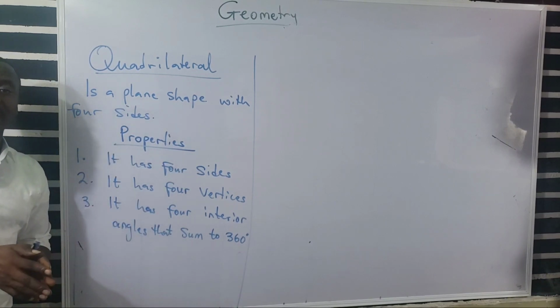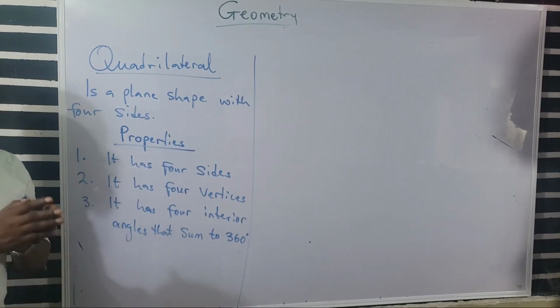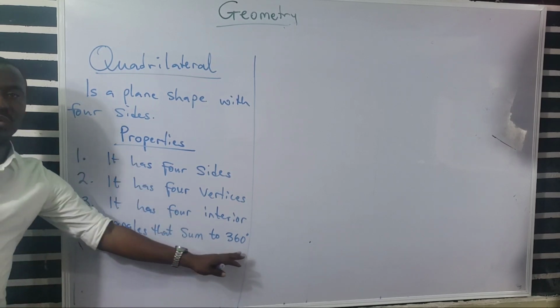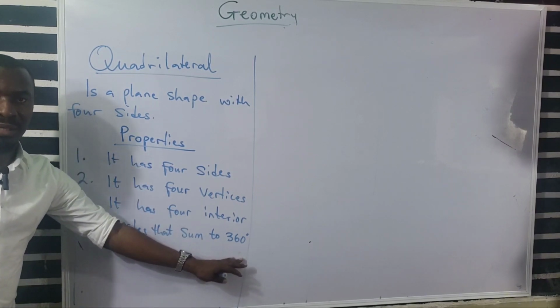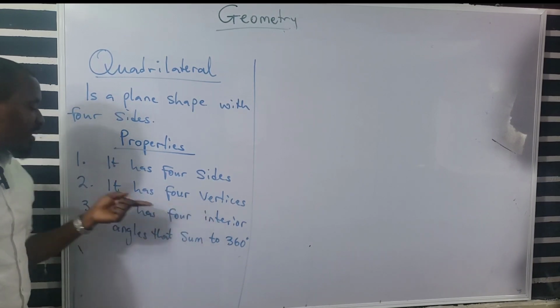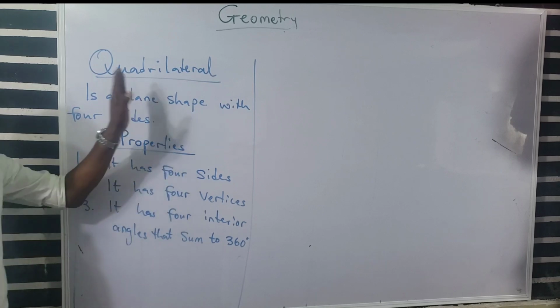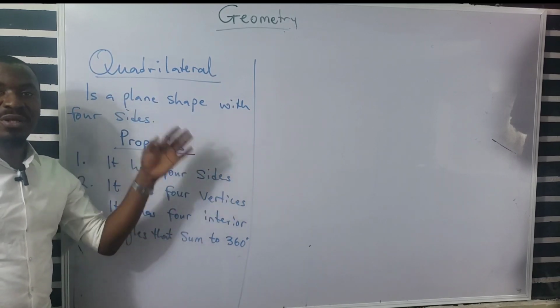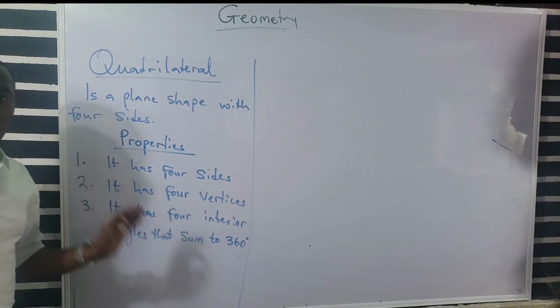So what that means is that the total interior angle of a quadrilateral is equal to 360 degrees. Now that we are done with the properties of quadrilaterals, these are the general properties of all quadrilaterals. So long as a shape is a quadrilateral, it will have these three properties.